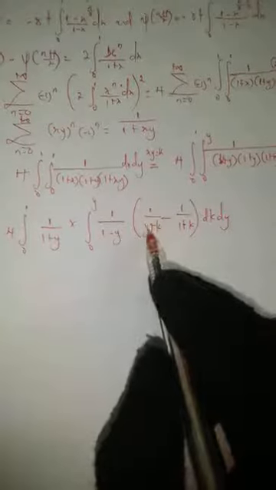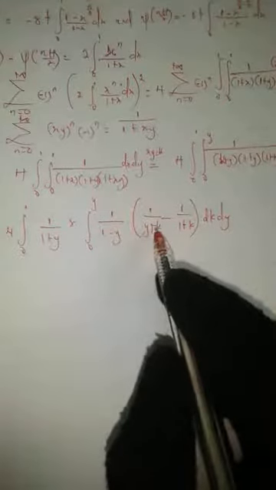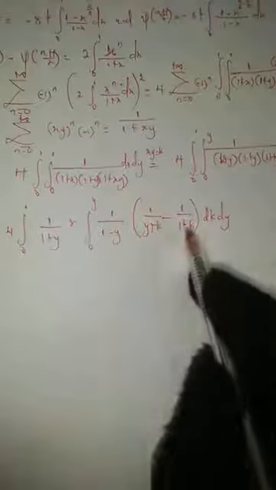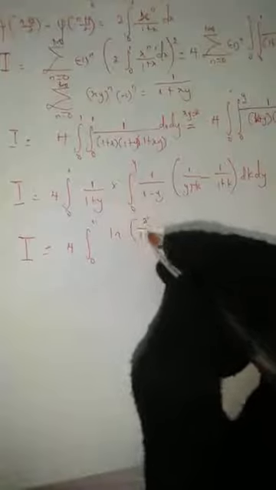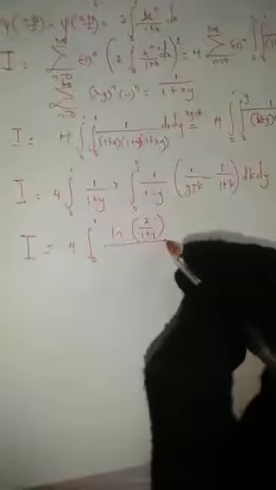Okay, and here when we integrate, this is the natural logarithm of (y plus k), and when we put the limits and integrate this side, once we take the limit, our I is going to look like this: I equal to 4 times the integral from 0 to 1 of the natural logarithm of (2 all over (1 plus y)) over (1 minus y) squared dy.